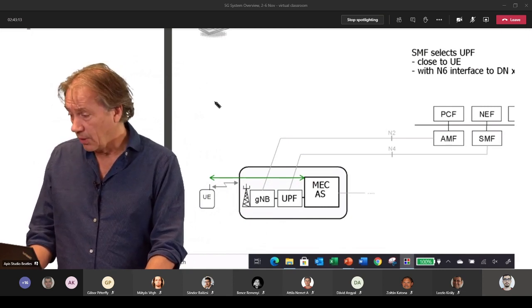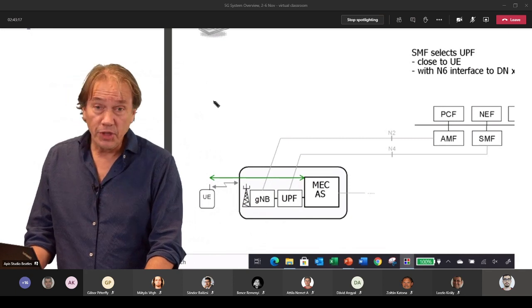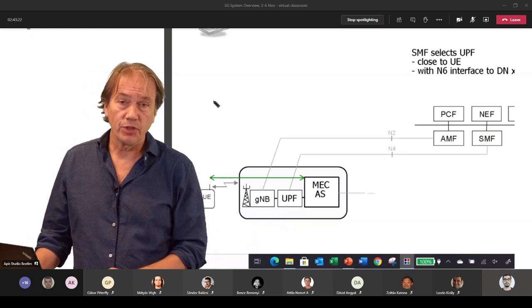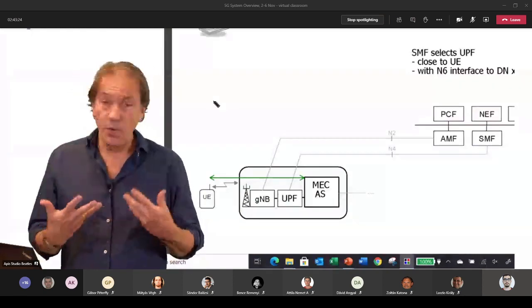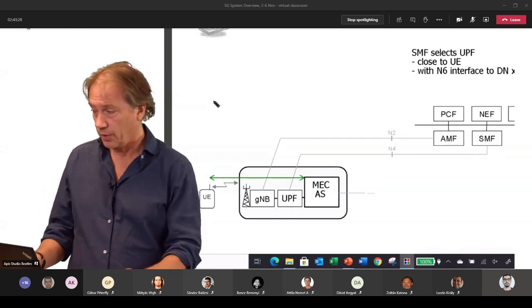So the idea here, once again, is that both the gNodeB, or at least part of the gNodeB, the UPF, and also the application server itself run on the so-called NFVI, the NFV infrastructure.